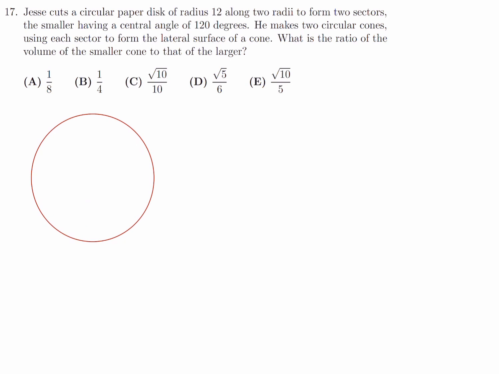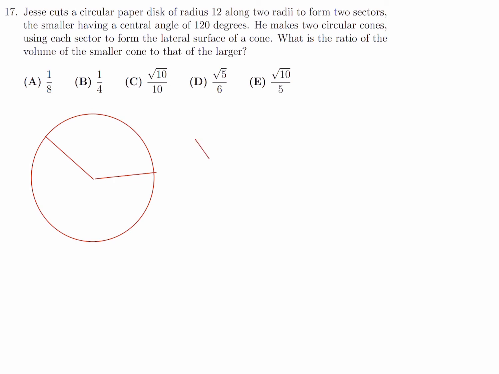So first he has a circle, and then he cuts it in a way so that one segment is approximately 120 degrees. And then he takes those two segments and folds them up and creates two cones. So the first cone, of course, will be a bit smaller than the other.